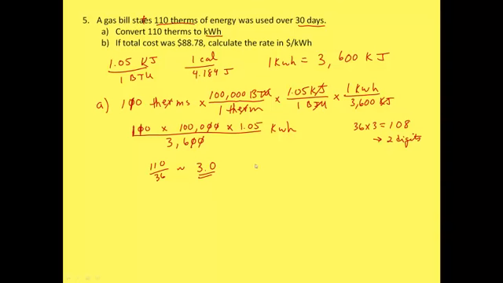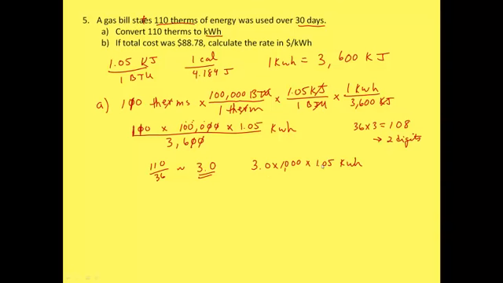And then we use that, and we end up with 3.0 times 10^4. Remember, there's only 1, 2, 3 zeros left. So times 1,000 times 1.05 kilowatt hours. And then we take this one and we say, oh, okay.